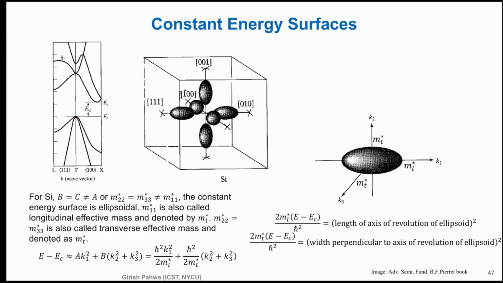Depending upon their curvature, you have a branch like this, and then you have this, which is very close to this. Then you have a branch like this. And this is your gamma point. Now, this curvature is not that much compared to this curvature, and this is even more curved.